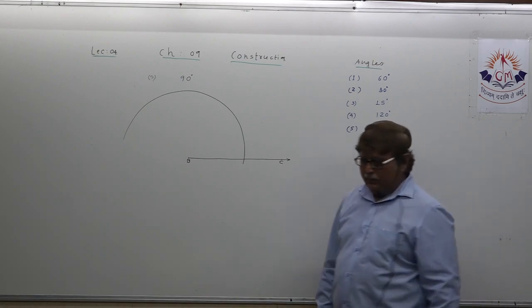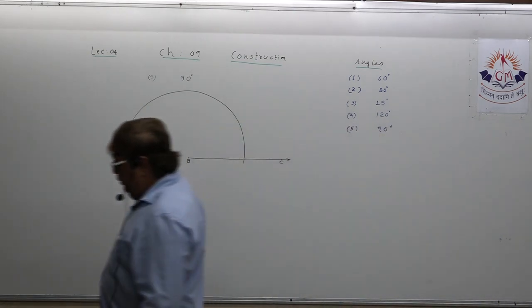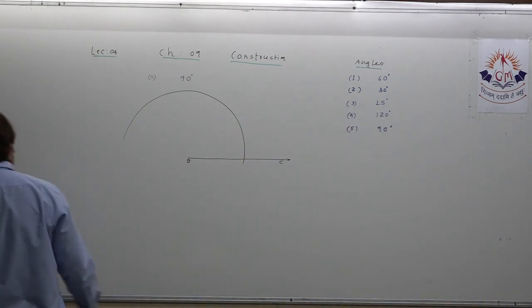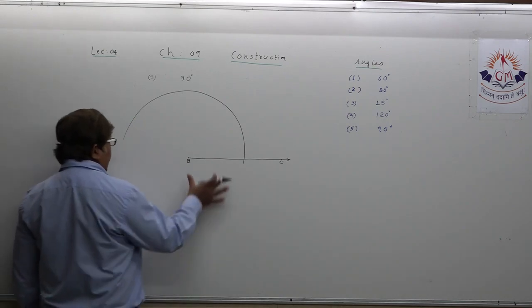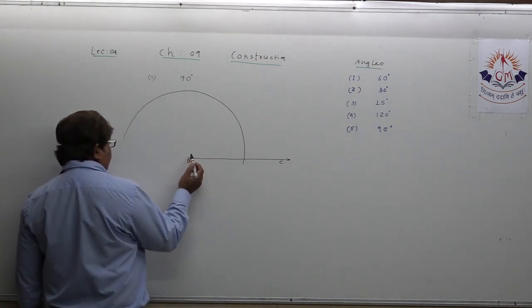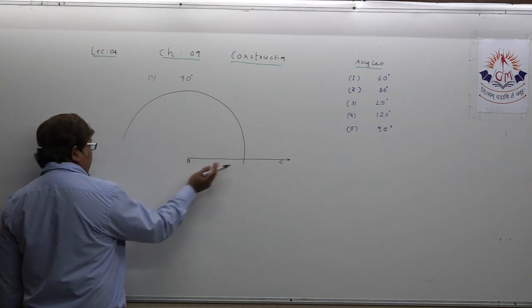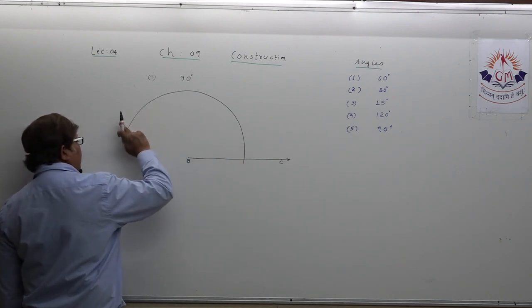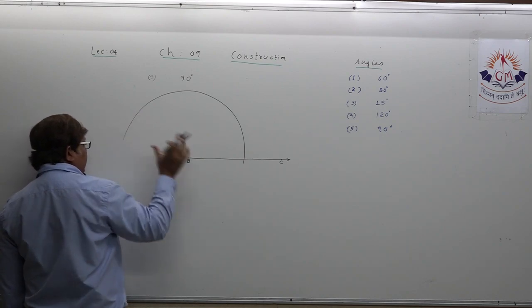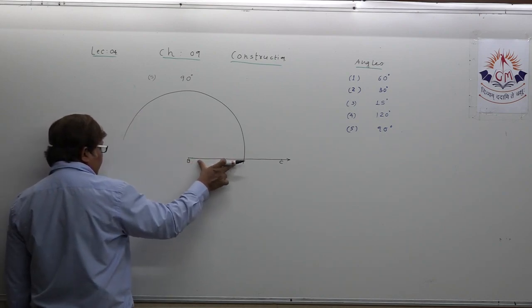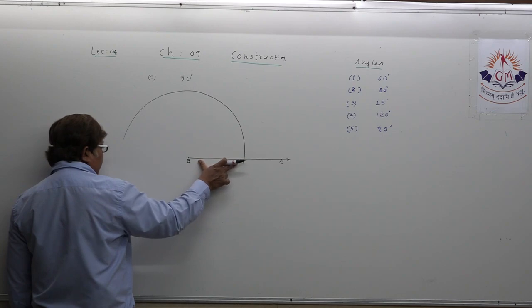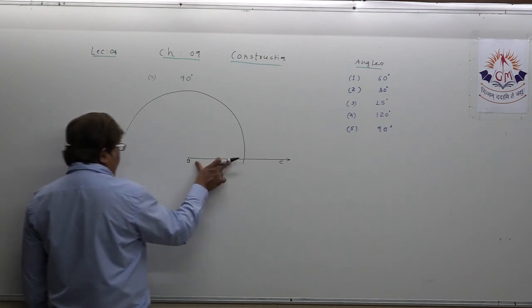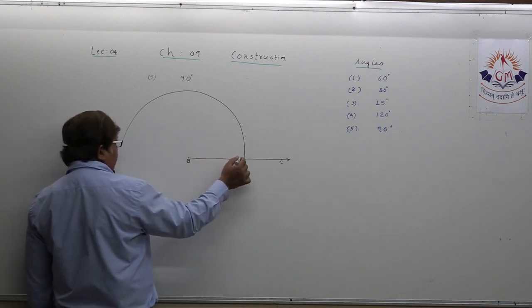Now, after just drawing ray BC and taking some appropriate radius, centering compass at B, you have drawn an arc. Do not change the radius which previously you have taken. Maintain the same radius.